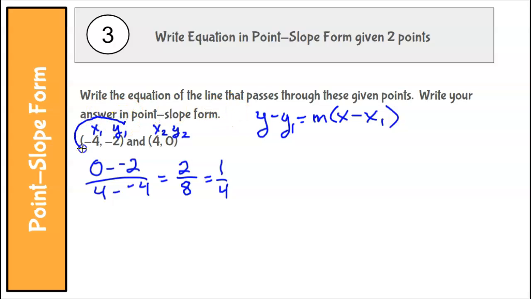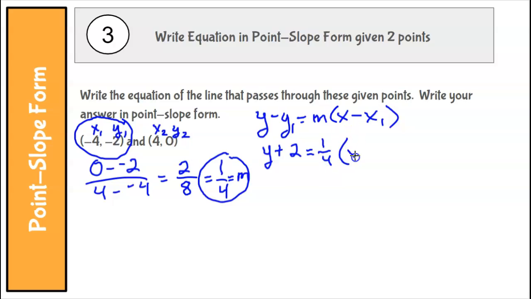And then I can just use my point. I'm going to circle this and label it M and substitute. So y minus, y1 is a -2, so that's going to become +2. M is 1/4. X stays X, and X1 is going to become -4. And that's my answer. I'm going to put a box around it.